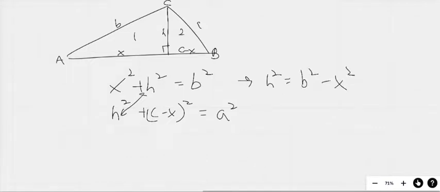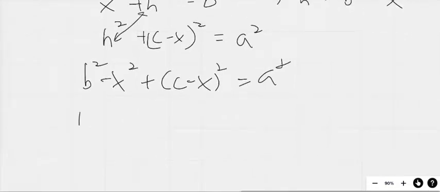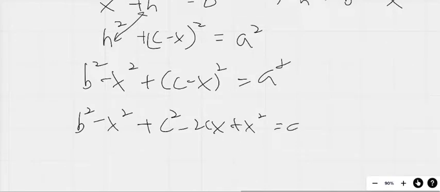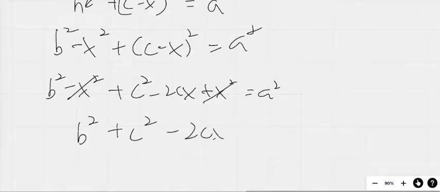So we can plug that in and say b squared minus x squared plus (c minus x) squared is equal to a squared. Let's further expand this equation. b squared minus x squared plus c squared minus 2cx plus x squared is equal to a squared. The x squared terms cancel because of the plus x squared and negative x squared, and you'll be left with b squared plus c squared minus 2cx is equal to a squared.